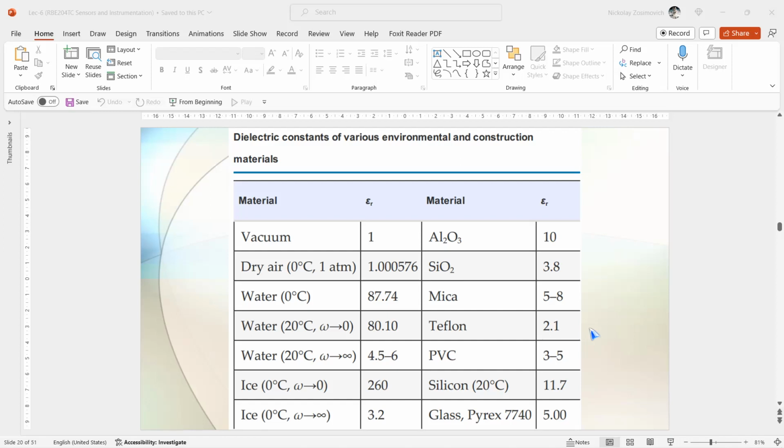In this case, we locally replace air, with dielectric constant about 1, by liquid water with epsilon r nearly 80, according to this table.